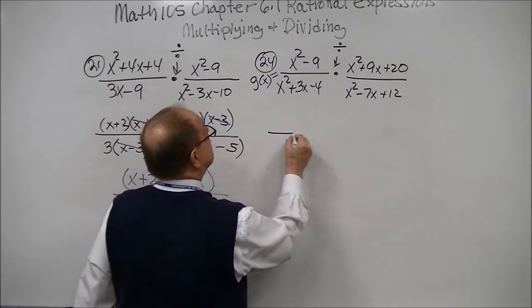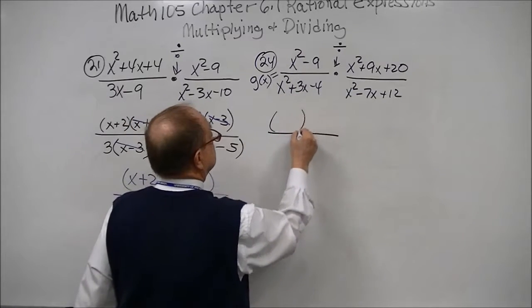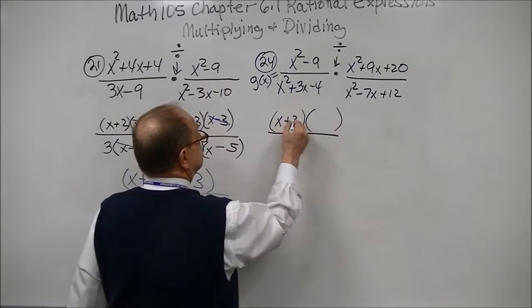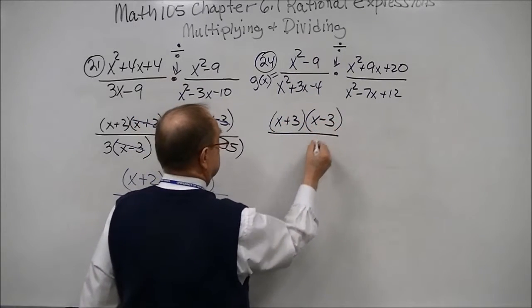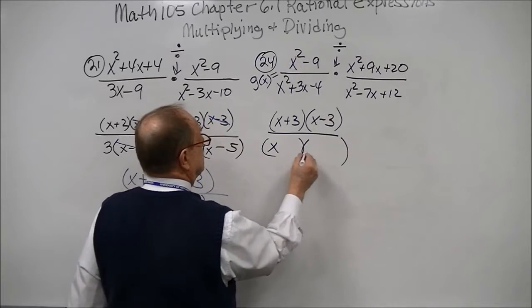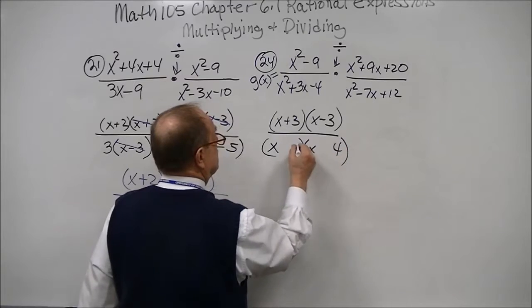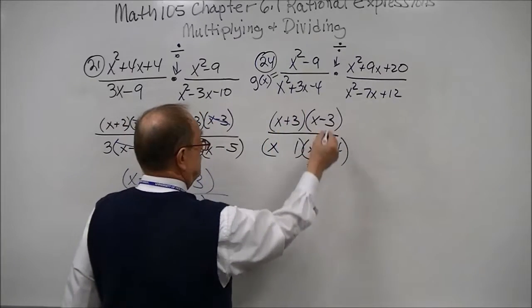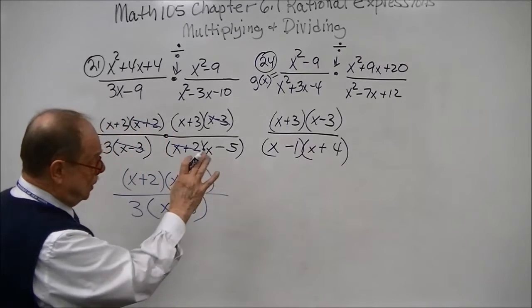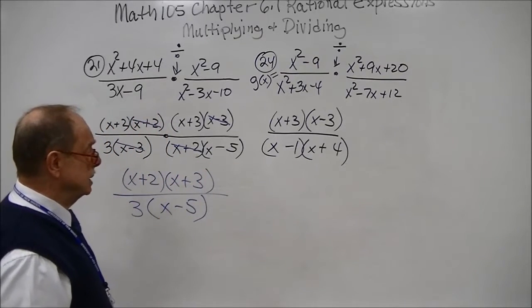So, factor, difference of perfect squares, and by foiling, you can check to see if you're right.